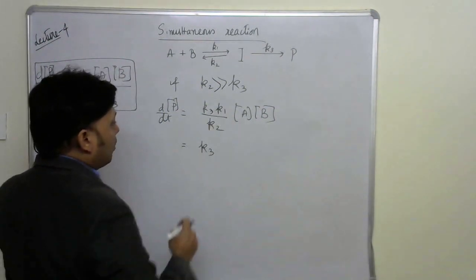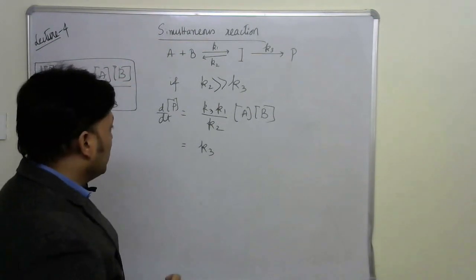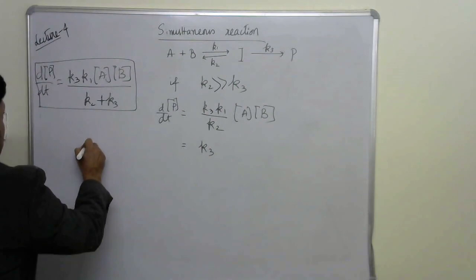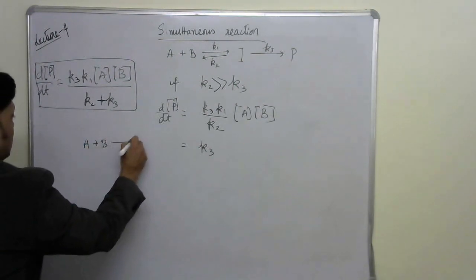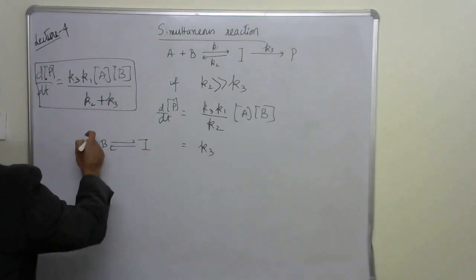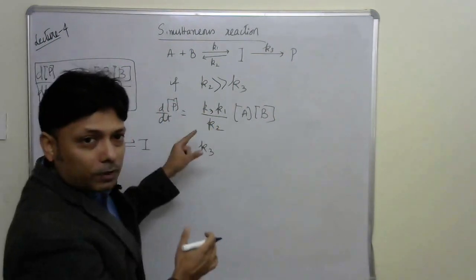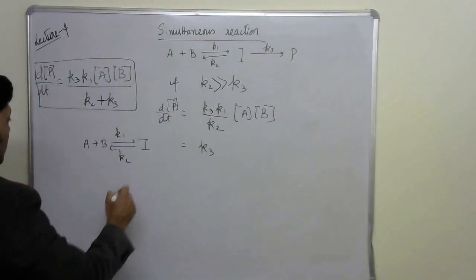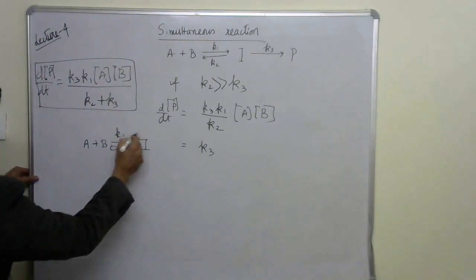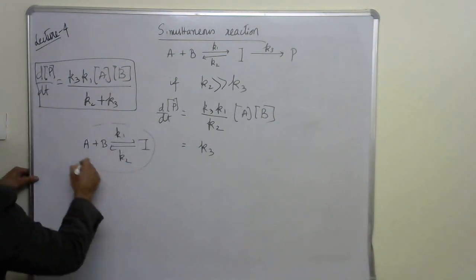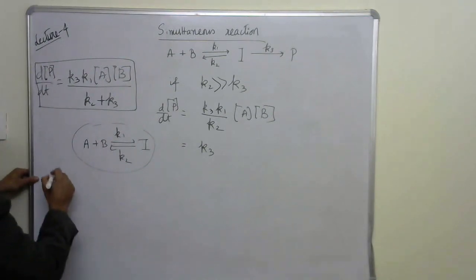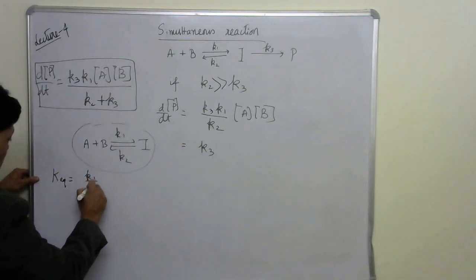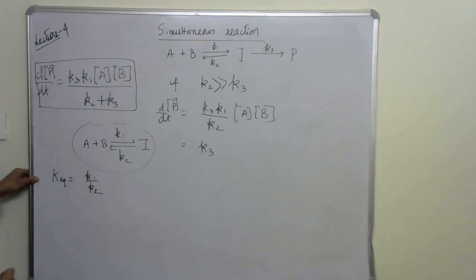Now what is k1 by k2? So if you look at this equation over here, once again this little portion of the equation, k1 plus k2. So if we assume that there is an equilibrium that is established, then the chemical equilibrium constant can be represented as k1 by k2. All right.